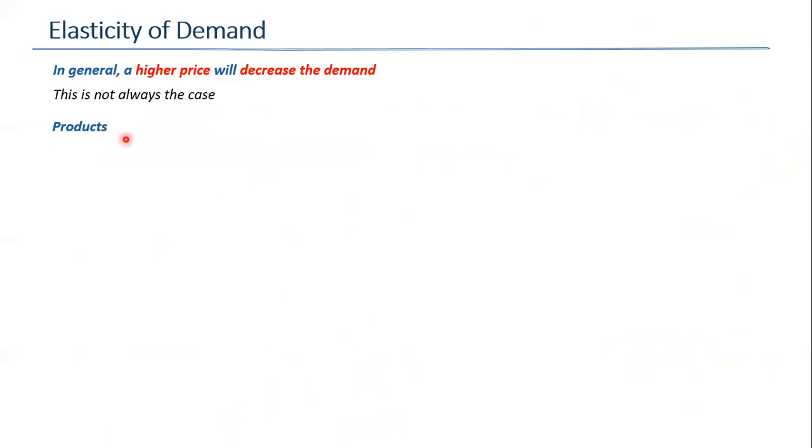Elasticity of demand. This is another rule. In general, a higher price will decrease the demand, but this is not always the case. How? The product has two cases, elastic or inelastic.